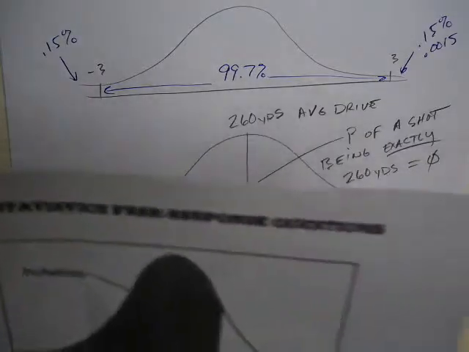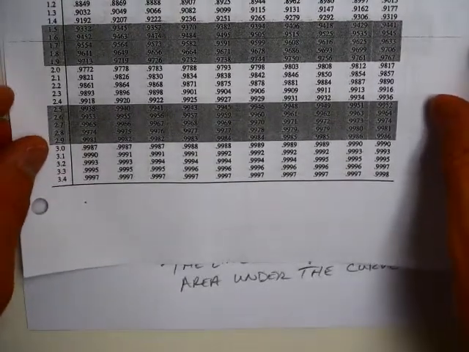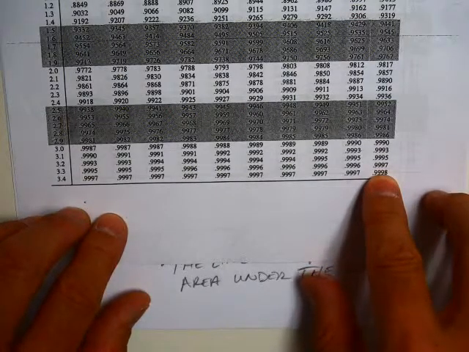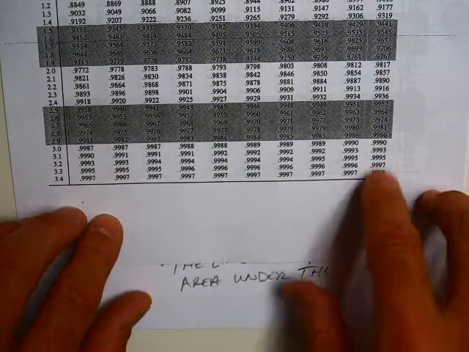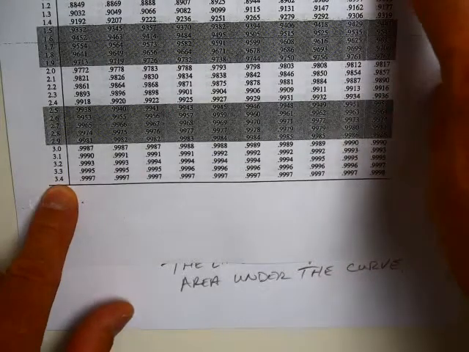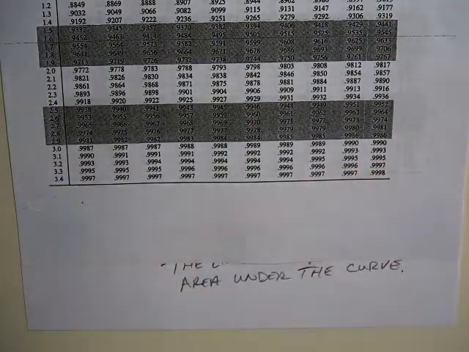Let's look at this probability table in terms of extremes. Let's say you want to be 100% sure that something's going to happen. On the positive side, the farthest I get out for z-scores is 3.49, and look how close to 1 that is.